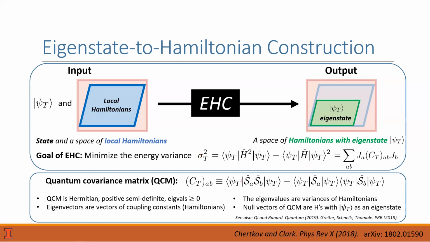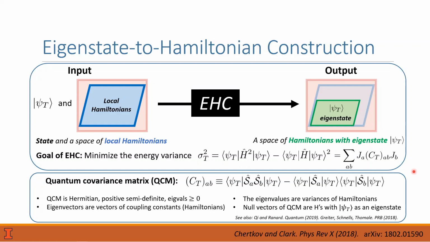This objective function is only guaranteeing you're going to be an eigenstate. And if you know that the input psi is a ground state, can you guarantee that the Hamiltonians that you find also have that as a ground state, or can it be an excited state too? It can be an excited state, depending on the situation.